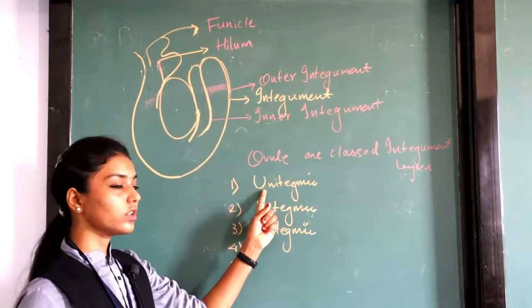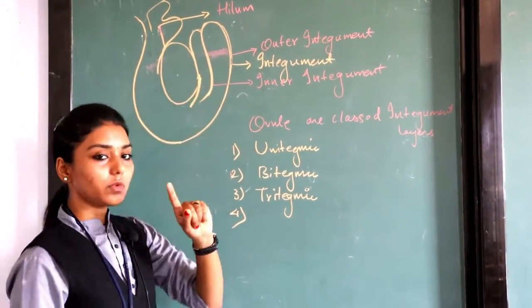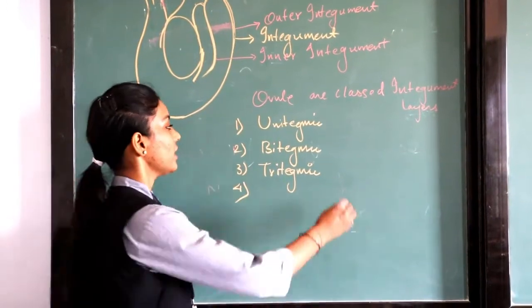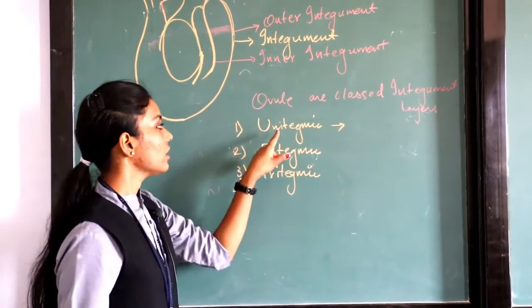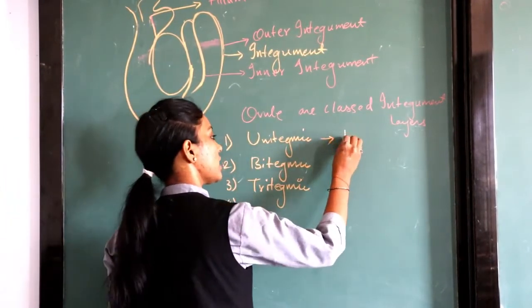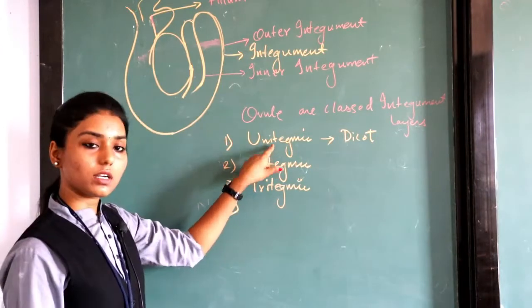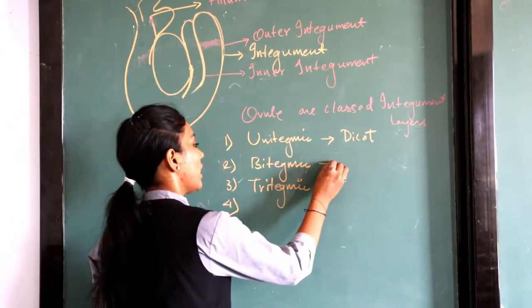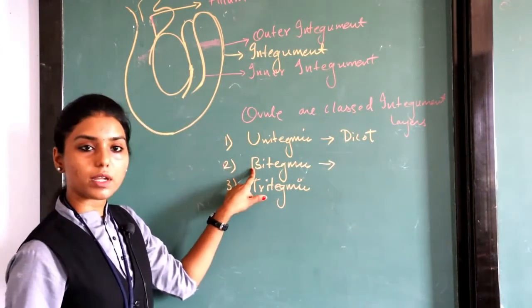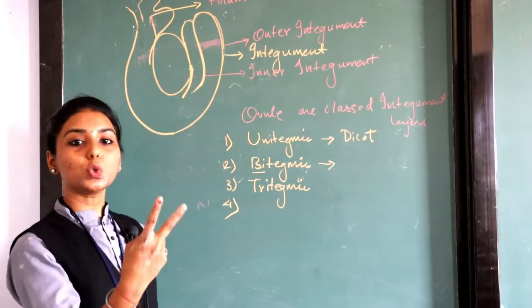Now uni means what? Single covering. When an ovule is covered with a single integument, it is called unitegmic. This unitegmic is mostly seen in dicot plants. Next is bitegmic. As the name suggests, bi means it will have 2 coverings.